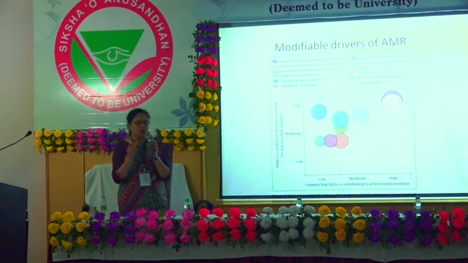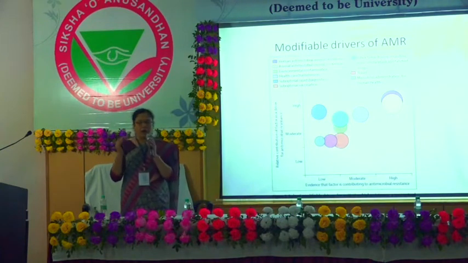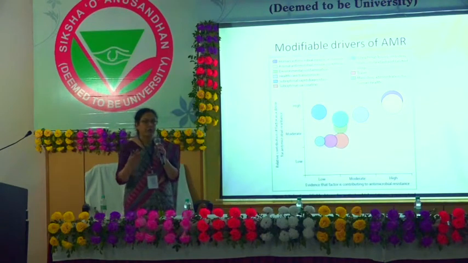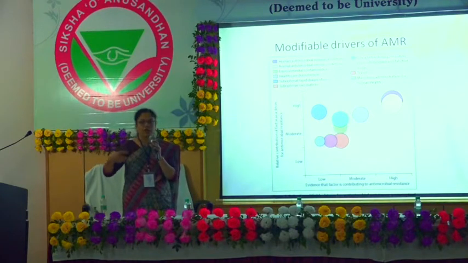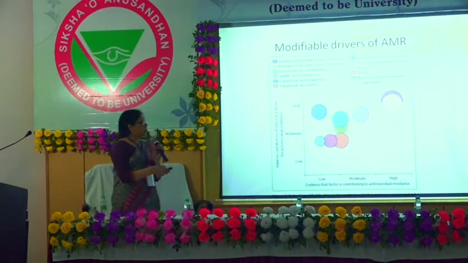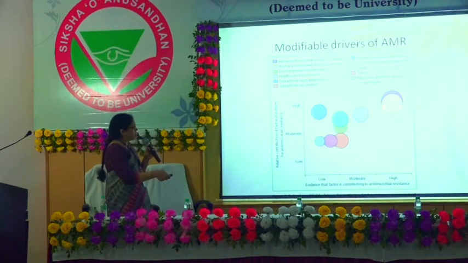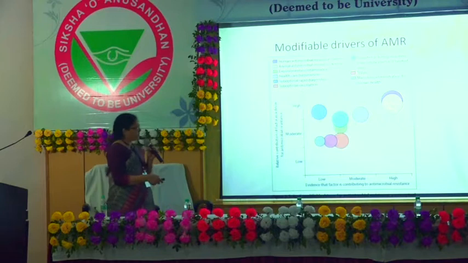So if you want an animal which is to be sacrificed for meat, for human consumption, to become fat very fast, you give that animal ciprofloxacin or a third generation cephalosporin, and that animal puts on lots of muscle very fast. So there is a huge amount of it used in the animal industry.